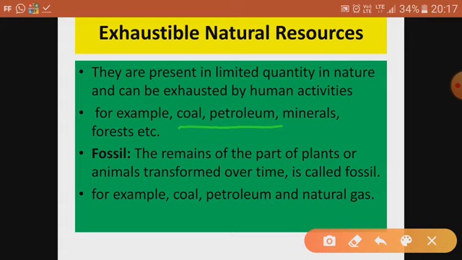For example, coal, petroleum and natural gas are fossil fuels. We are using these as fuel, and these fuels have been made from the dead remains of plants and animals over a period of time. It's a time-consuming process. It doesn't happen overnight. Fossil fuel formation takes millions of years.